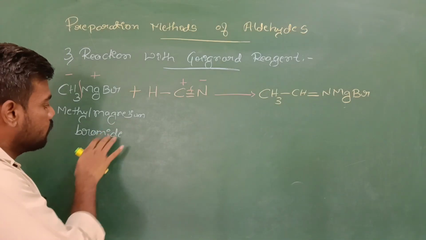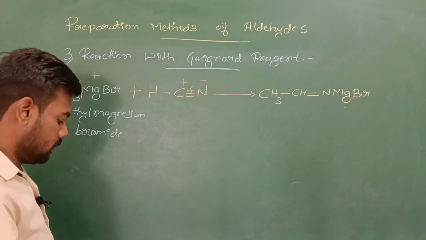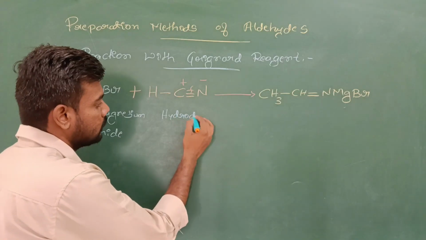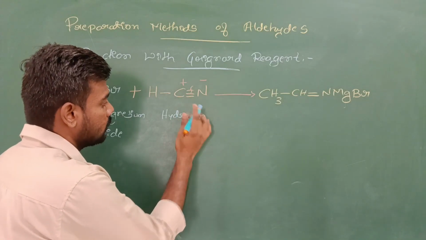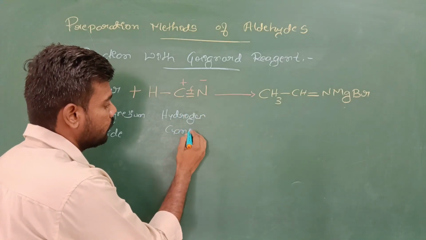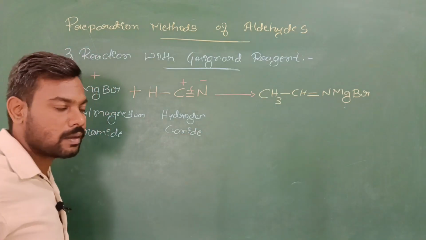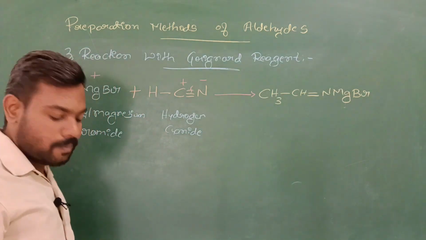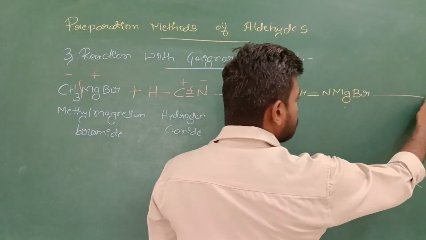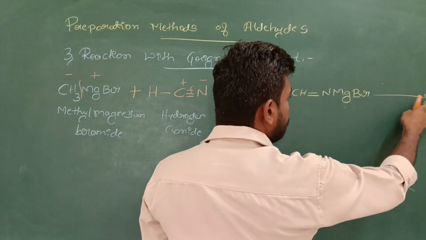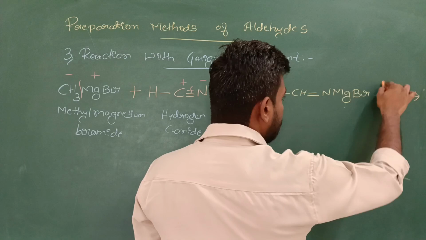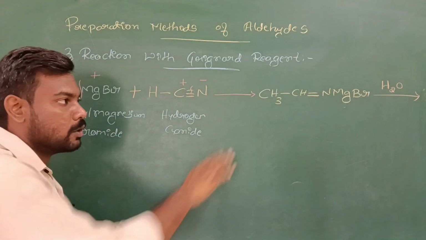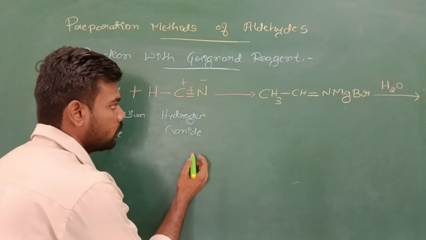This methyl magnesium bromide reacts with hydrogen cyanide to form a compound which further undergoes hydrolysis.